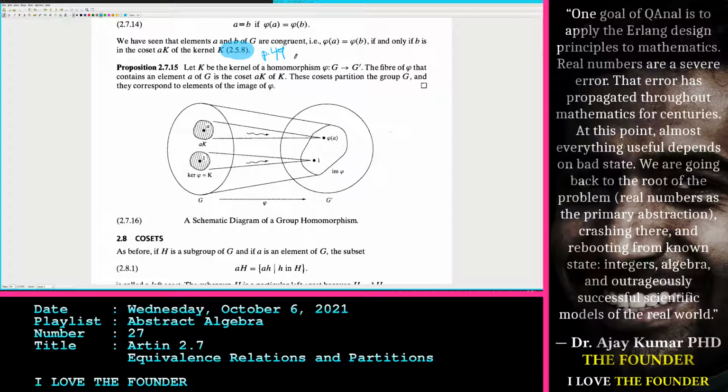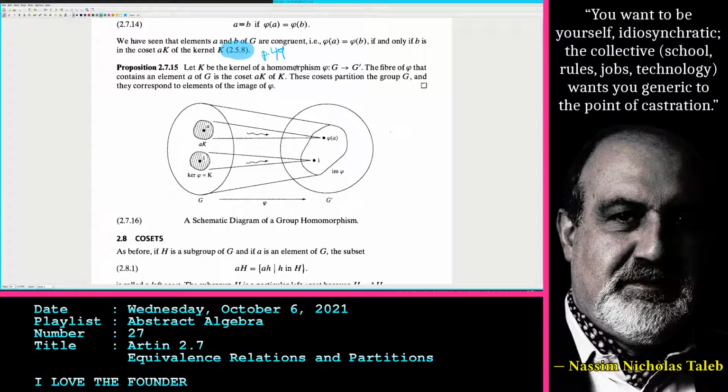Page 49, this is a list of equivalent conditions for equality of cosets.